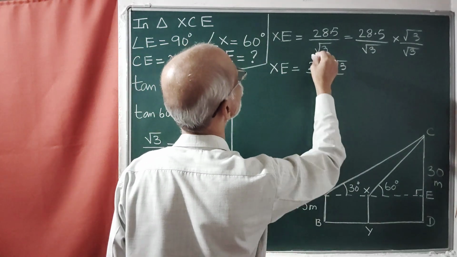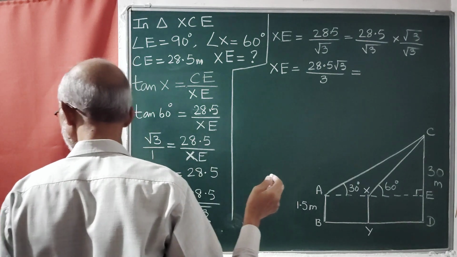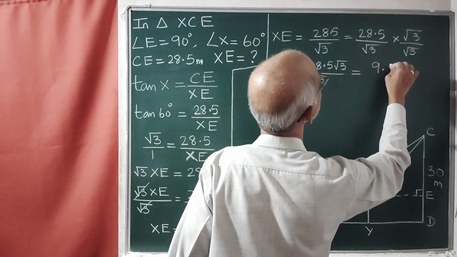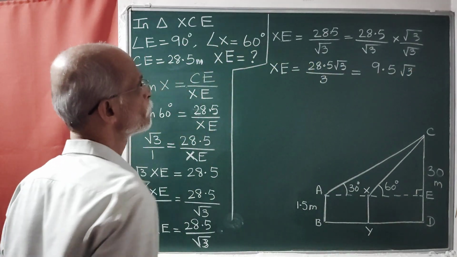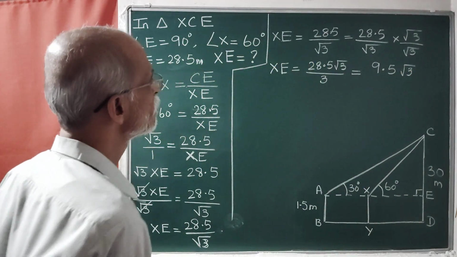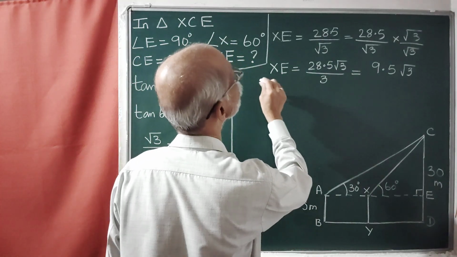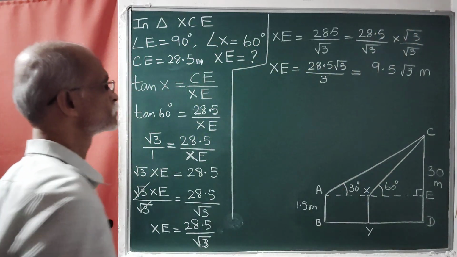Here 3 can divide it, we will get 9.5 root 3. So the value of XC is 9.5 root 3.